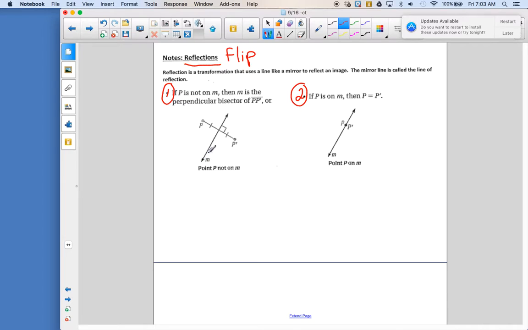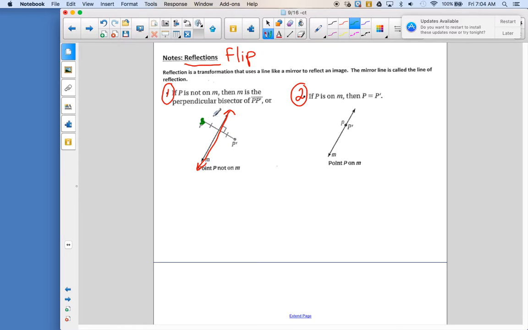For instance, if we're reflecting across this line here, M, so I'm just going over it to emphasize that, and we have a point that's not on the line, like this point P over here, there's a point on the other side of the line that's the same distance away from the line.